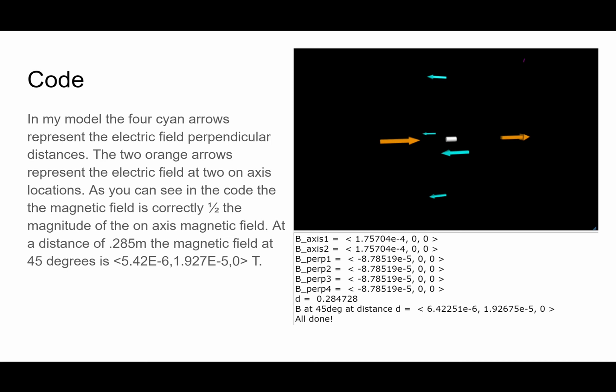At a distance of 0.285 meters, the magnetic field at 45 degrees is 5.42 times 10 to the -6 in the x, 1.927 times 10 to the -5 in the y, Tesla.